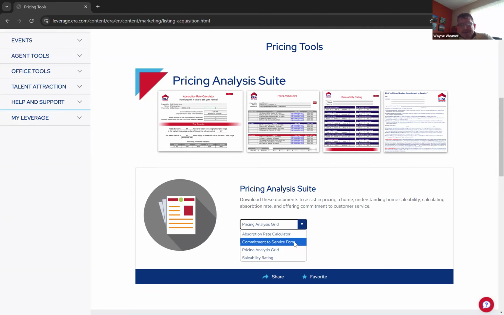So just having a copy of it in your listing packet is just part of what we do. It's a PDF Word type document that you just print out. So that is where you find them and download them, and of course we went through each one of them.